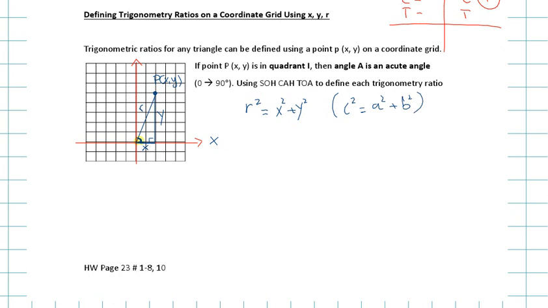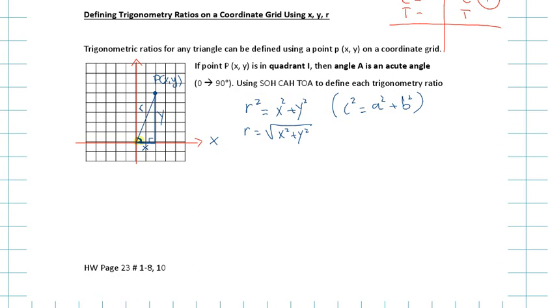So technically r is the square root of x squared plus y squared. If you know your point, x and y, you can find the radius, or r, which is the hypotenuse.